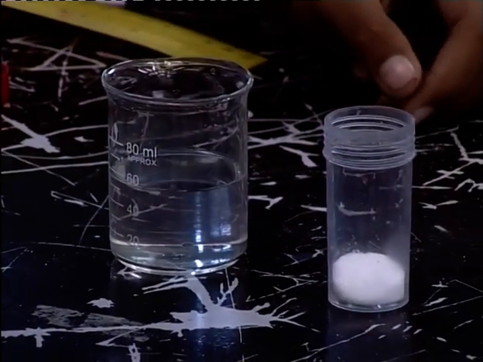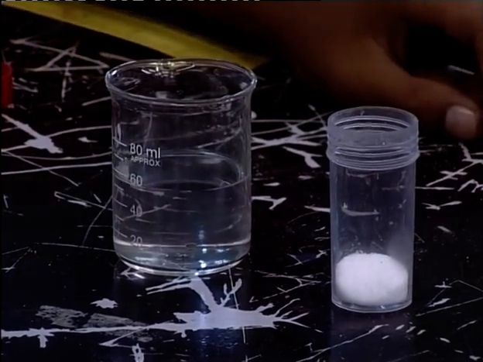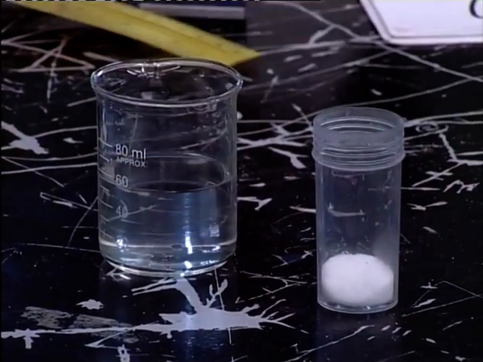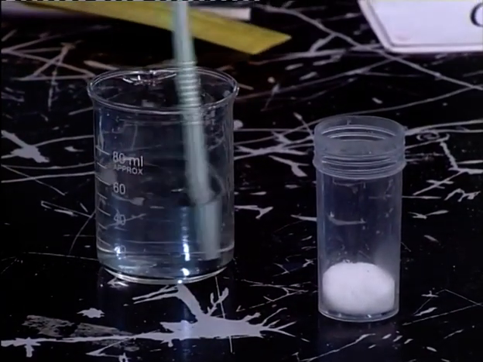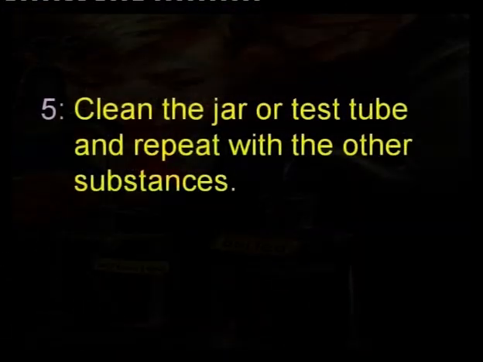All right, the next one is, when you finish that, sugar and salt. Number 5, you clean the jar or test tube or the glass that you are using, and then use another substance.